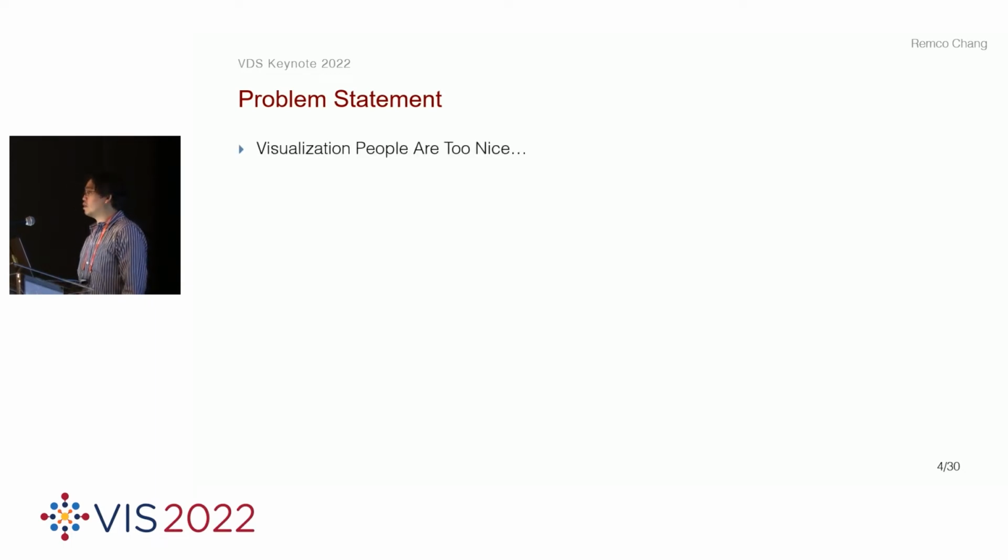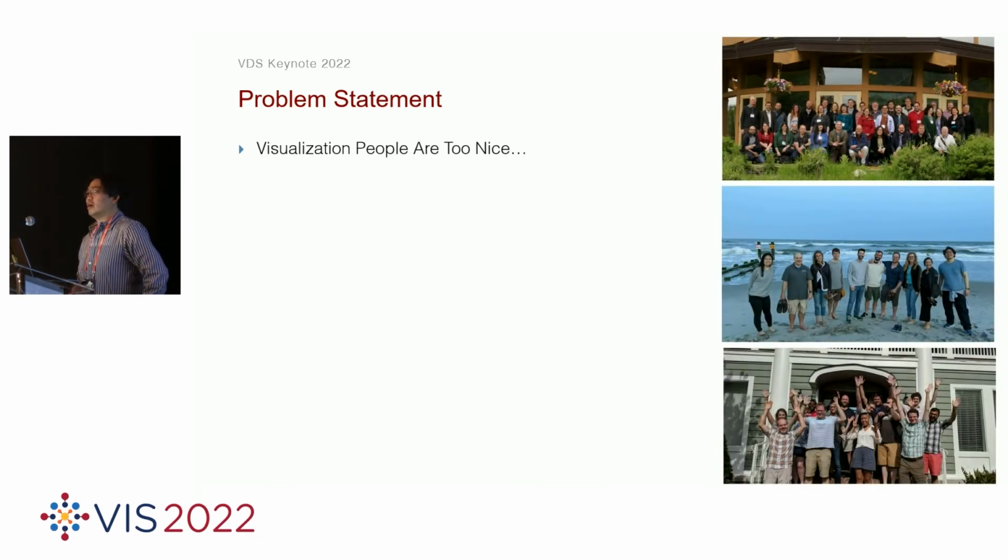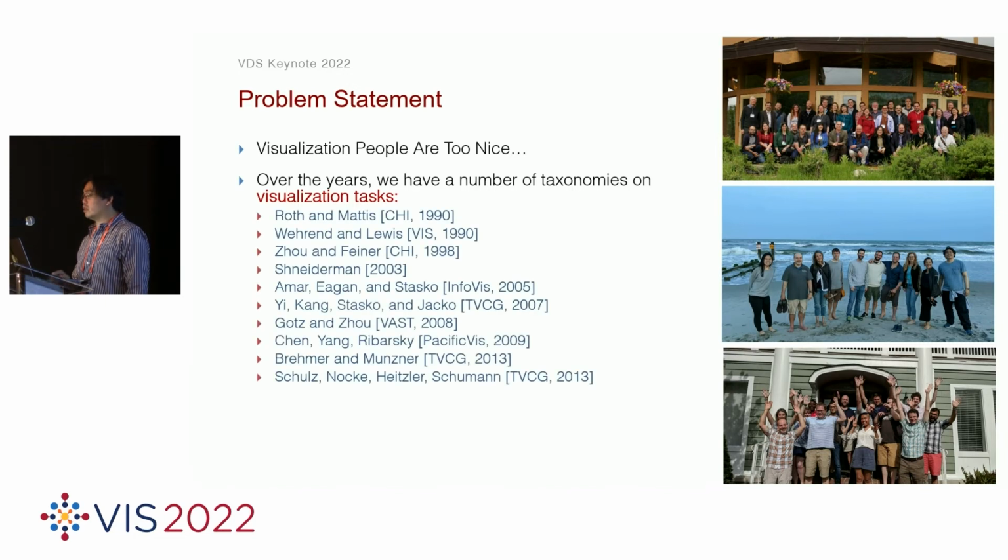So here's my problem statement. My problem statement is that visualization people are way too nice. We get together, we have great conversations, we hang out, and we're really friendly to each other. But over the years, we now have a number of taxonomies on visualization tasks. So here's a select list of the papers that I'm aware of that have touched on the question about task and visualization.